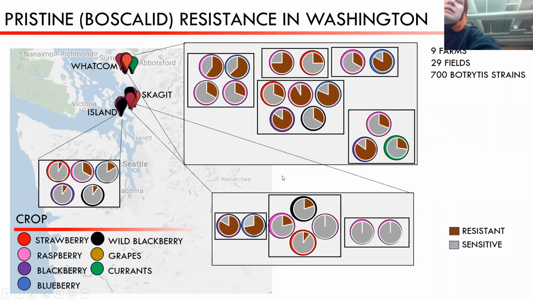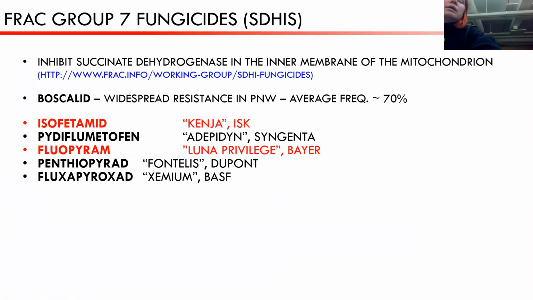We also see that the resistance frequencies differ significantly between different farms and also between different fields on the same farm. But there is a lot of resistance to Pristine, which makes this fungicide ineffective for controlling gray mold on berries. Based on our estimations, about 70% of Botrytis strains in berries in Washington are resistant to Pristine.